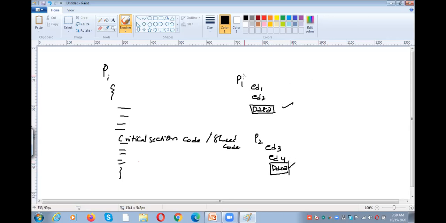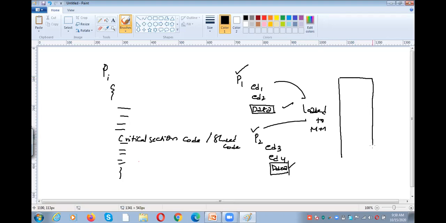Whenever we want to execute P1 and P2, these need to be loaded into main memory, right? In order to execute these two processes, we need to load them into the main memory. So we need to keep P1 pages and P2 pages. These are the main memory frames.